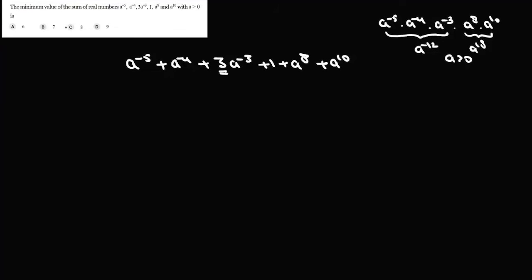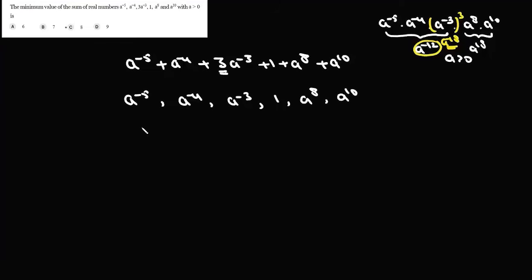So if we consider this a cube 3 times, then we'll have a to the power minus 18 here, and in that case this GM will be a constant number. So for this question, we'll consider these 6 numbers: a to the power minus 5, a to the power minus 4, a to the power minus 3, 1, a to the power 8 and a to the power 10, with weights 1, 1, 3, 1, 1 and 1.